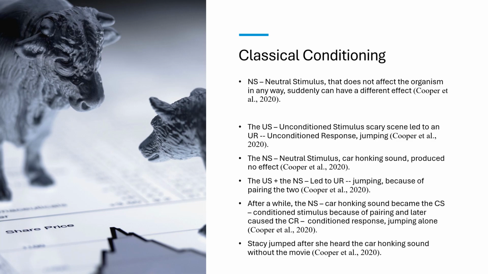After a while, the neutral stimulus, car honking sound, became the conditioned stimulus because of pairing, and later caused the conditioned response, jumping, alone. Stacy jumped after she heard the car honking sound without the movie.